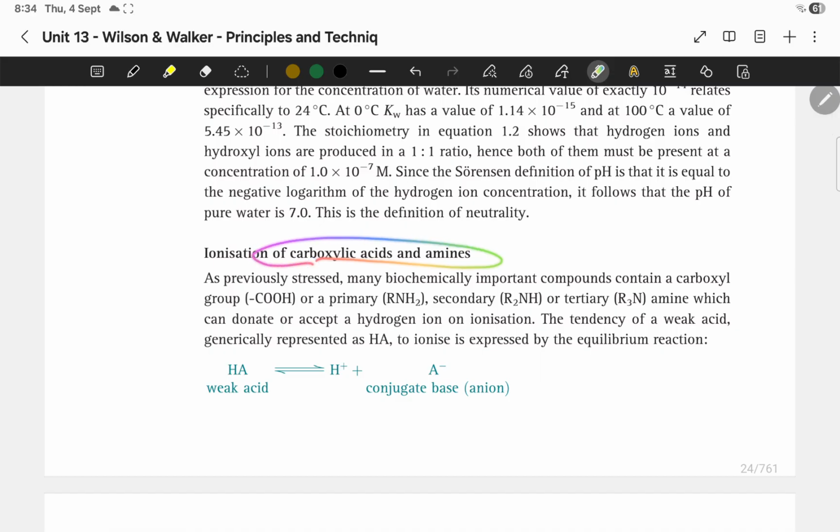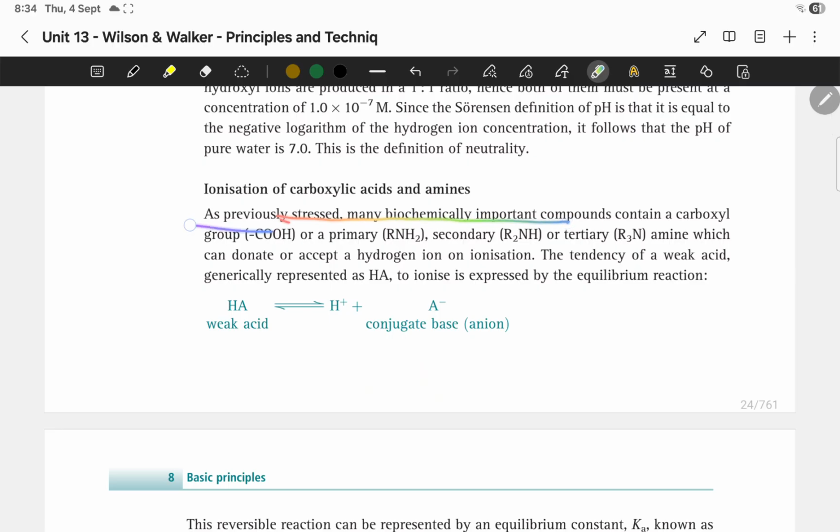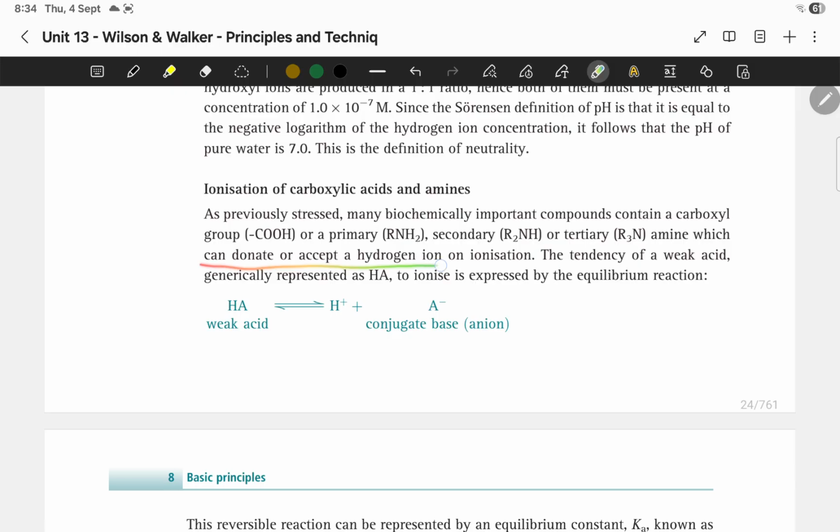Ionization of carboxylic acids and amines. So we saw the ionization of water. Now we'll see carboxylic acids and amines. Many biochemically important compounds contain a carboxyl group and a primary, secondary or tertiary amine, RNH2, R2NH or R3N, which can donate or accept a hydrogen ion on ionization.